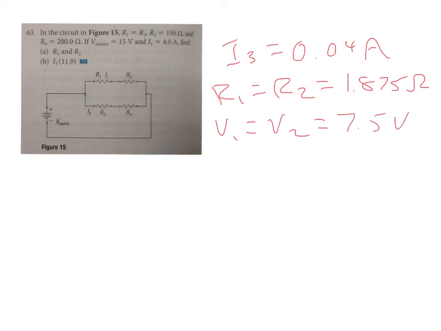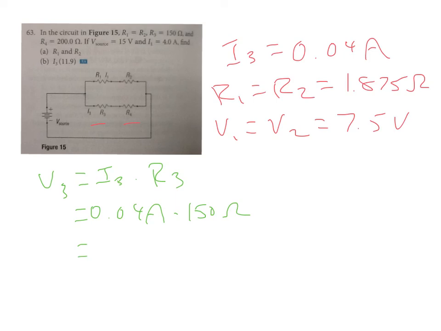Though it's not asked of us in the question, I'd also like to find the voltage at R3 and R4. Let's do that very quickly using Ohm's law. V3 is going to equal I3 times resistance 3, so 0.04 amps times 150 ohms.